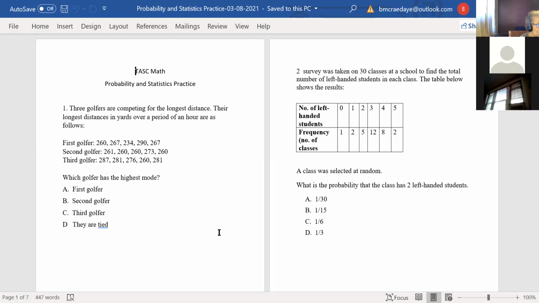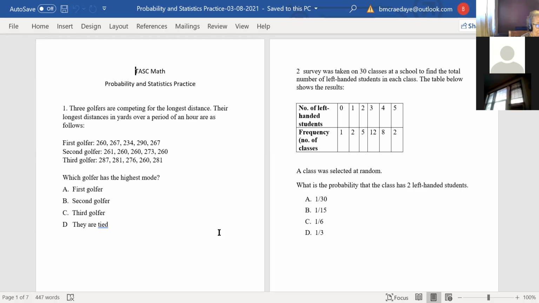The one that appears the most? This 260 only appears one time. What's the mode of the third golfer? 281. Yeah, 281, but you said 260. No, 260 is only there once. 281 is there twice. So yeah, you're right, the third golfer.